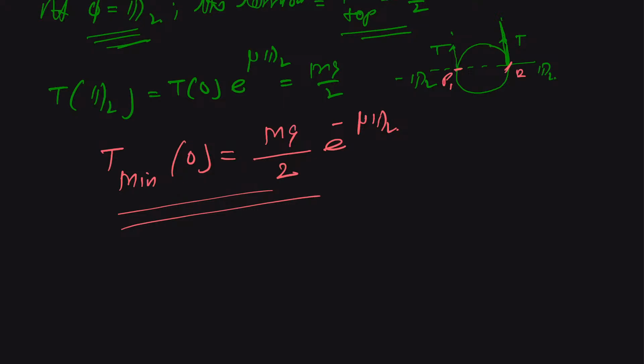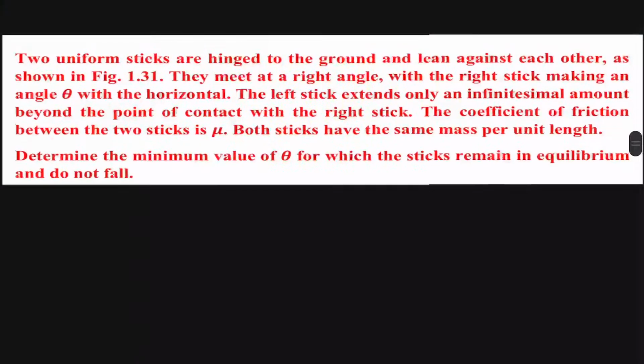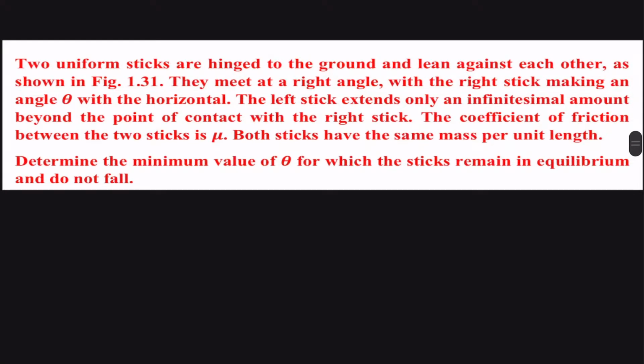We come to the next question. In this question it states that two uniform sticks are hinged on the ground and lean against each other, as shown in the figure I'll draw later on. They meet at a right angle with the right stick making an angle of theta with the horizontal.